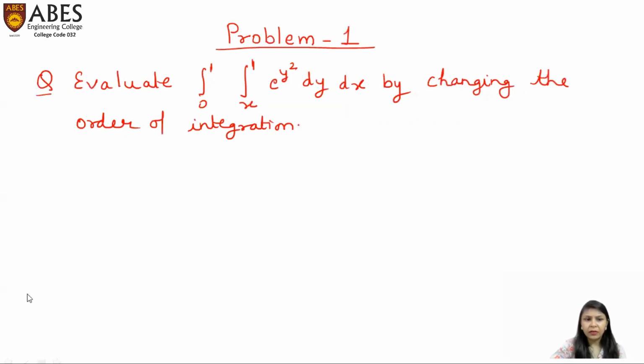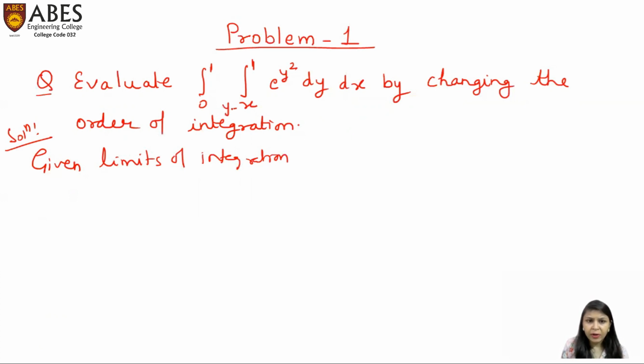So again, we take the same example, 0 to 1, x to 1. So given limit of integration, first I am writing the given limit of integration. So this limit is of y equals to x to y equals to 1. And the other limit is x equals to 0 to x equals to 1.